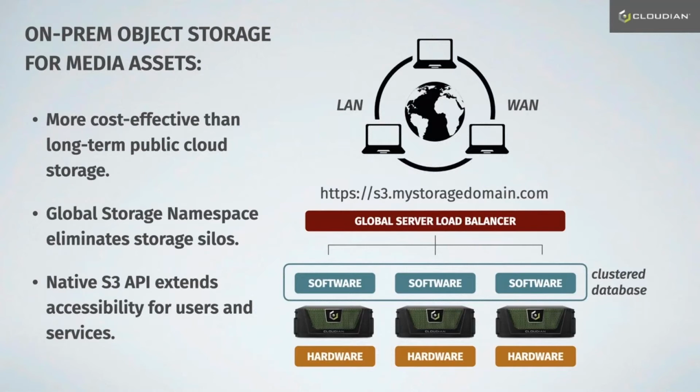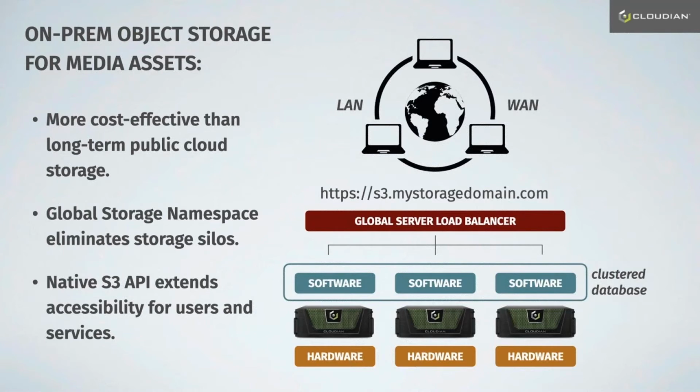You can utilize a native S3 API, so you can really think of it as AWS S3 storage service, but on-prem in your data center. Why would you choose to deploy your own private cloud object storage? Customers typically are looking to deploy Cloudian, number one, for cost.